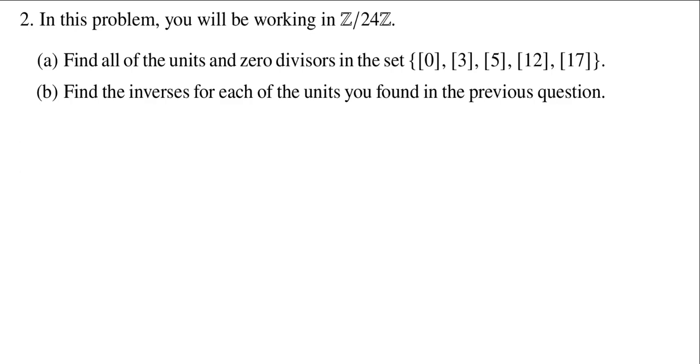So first, we're finding all the units. We had a resultant class that told us that if I have some equivalence class in Zmod 24Z, of course in class we didn't say 24, we just said M, then this class of A is a unit if the GCD of A and 24 is 1.